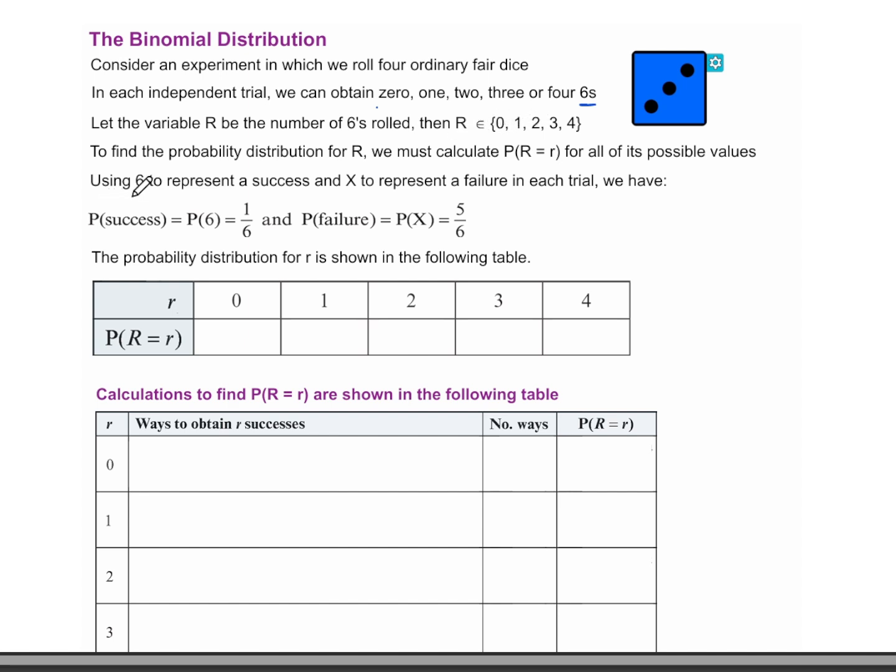Now, since we're using 6 to represent success, let's say we use x to represent a failure, and x is anything on the die that is not 6, so 1, 2, 3, 4, and 5. Therefore, the probability of success, the probability of getting a 6, is 1/6, and the probability of failure, the probability of x, is 5/6.